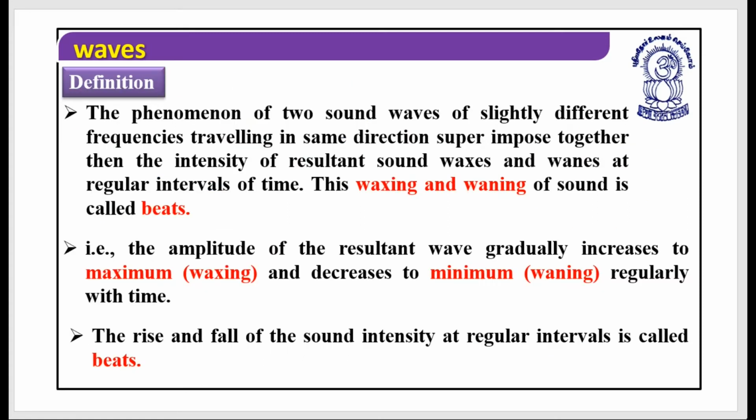This is the phenomenon of two sound waves of slightly different frequencies traveling in the same direction, superimposed together. Then the intensity of the resultant sound waxes and wanes at regular intervals of time, and this waxing and waning of the sound wave is what we call a beat.